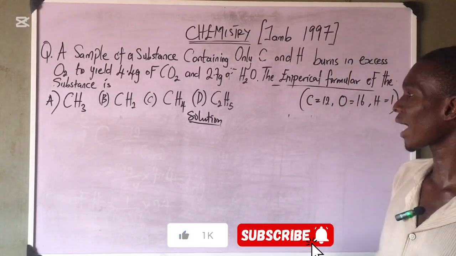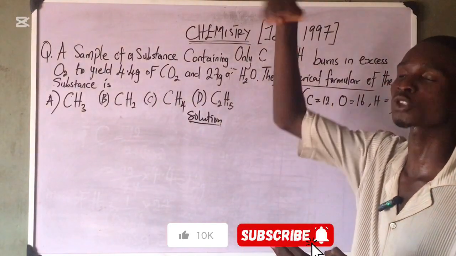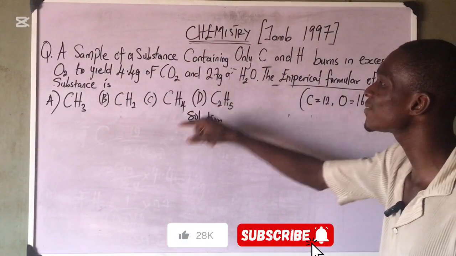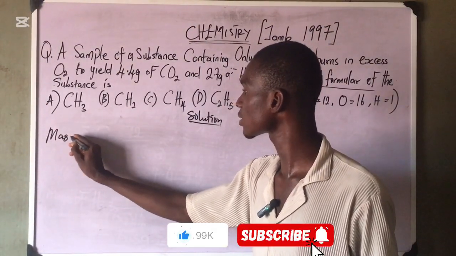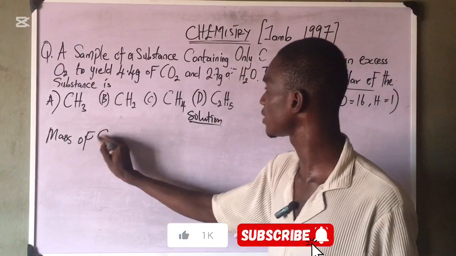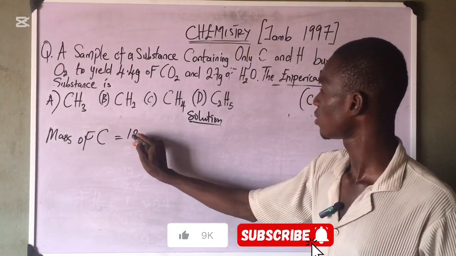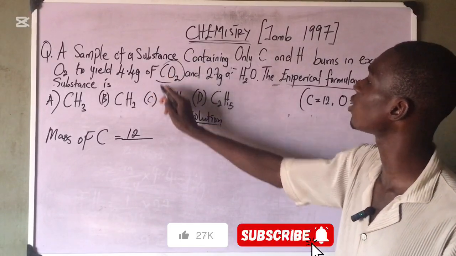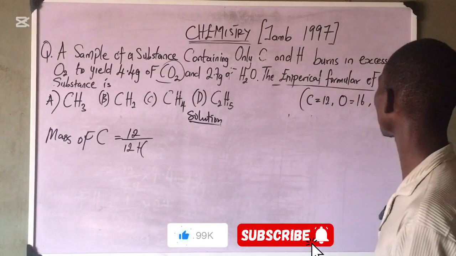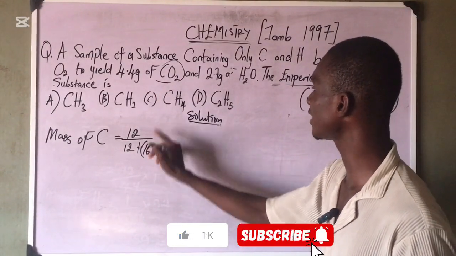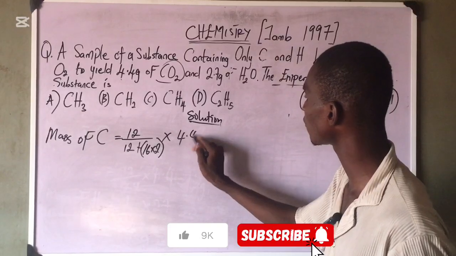Percentage by mass is given as the molar mass of that element over the molar mass of the compound, times the mass of the compound. Applying it, the mass of carbon equals the molar mass of carbon, 12, over the molar mass of carbon dioxide, which is 12 plus 16 times 2 atoms of oxygen, times the mass of carbon dioxide, 4.4 gram.